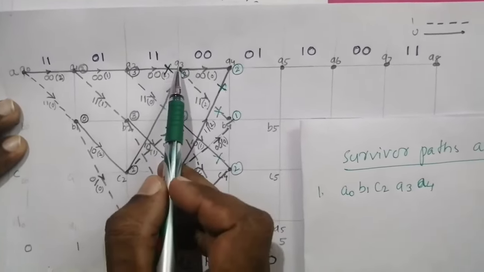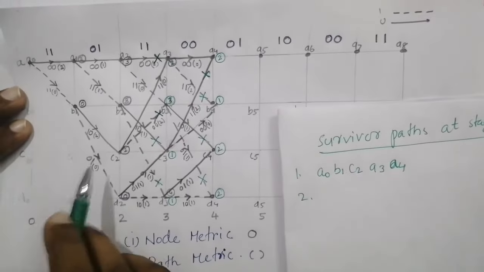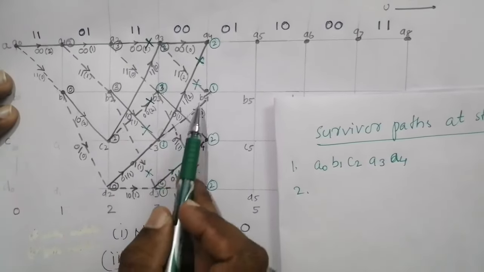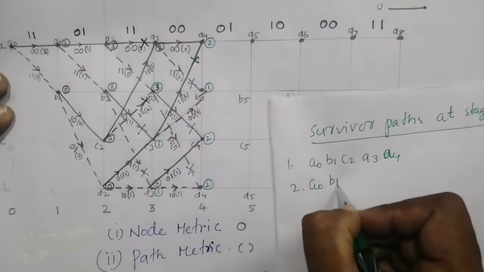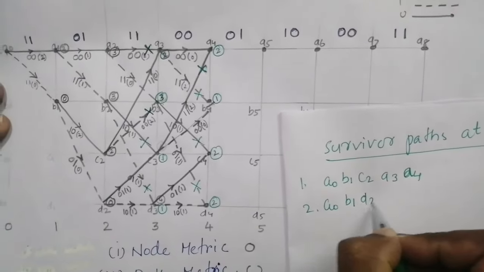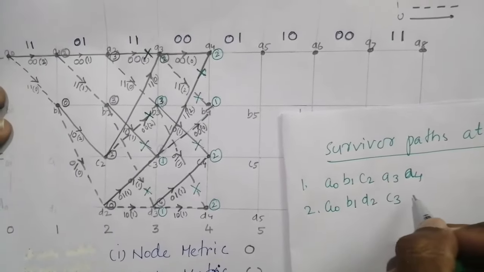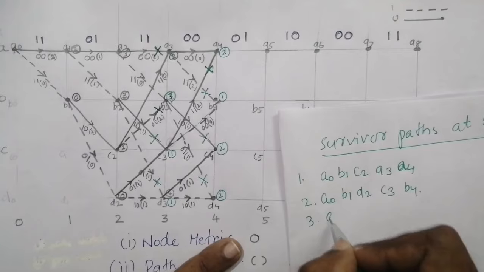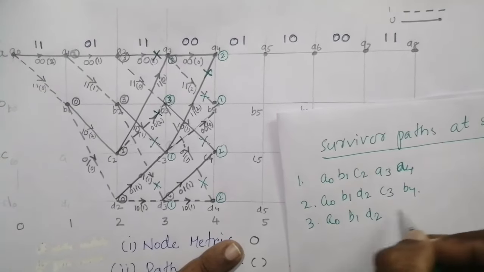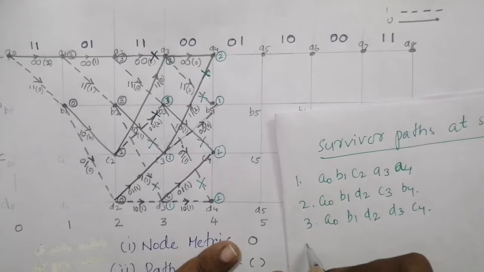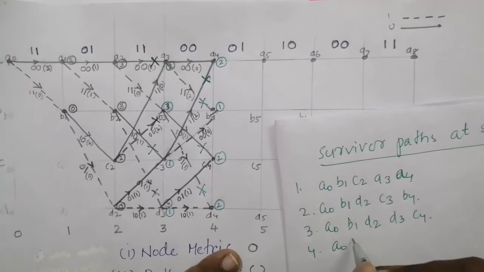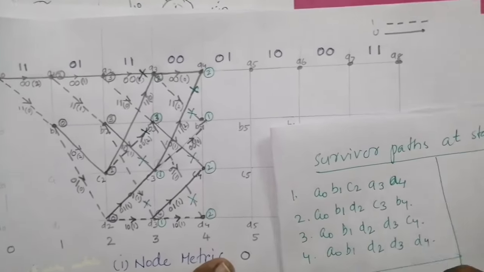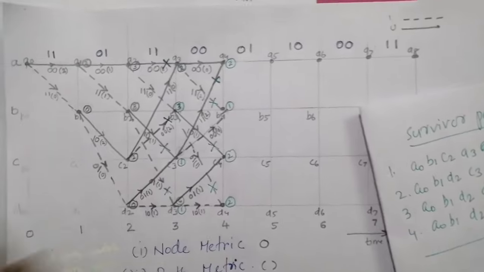The second path is A0, B1, D2, C3, B4. Similarly, we have A0, B1, D2, D3, C4 and A0, B1, D2, D3, D4. So continue in this fashion.